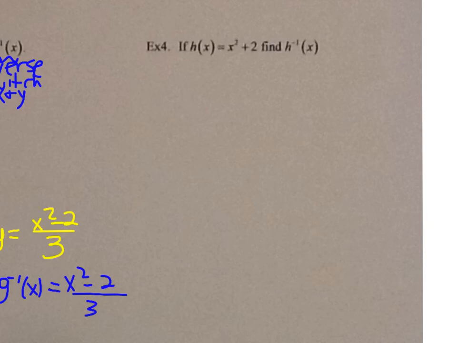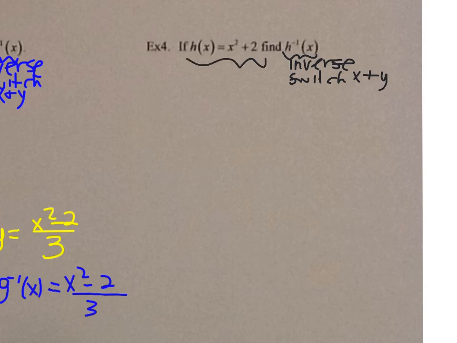All right, number 4. H of x is equal to x squared plus 2. Find, and then we have that notation. Remember, that means to find the inverse. Remember, inverse means to switch x and y. All right, so the first thing I'm going to do is rewrite this as y equals x squared plus 2.